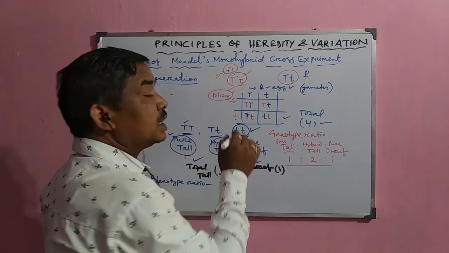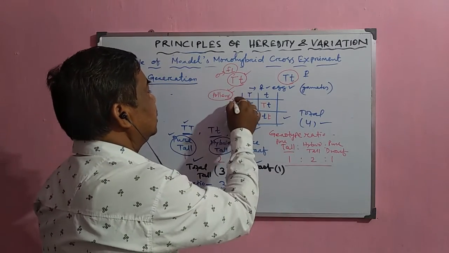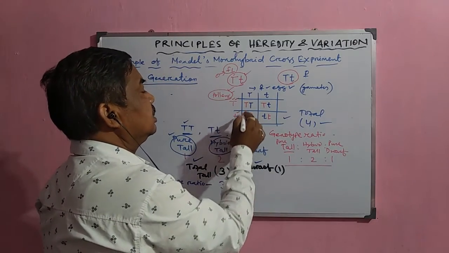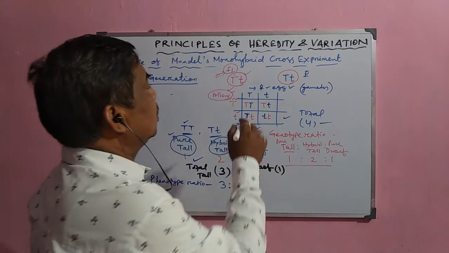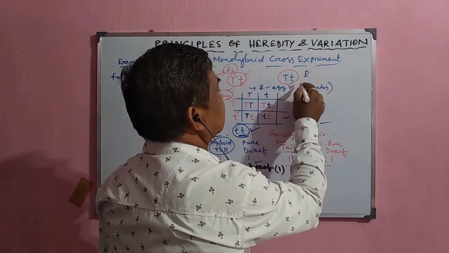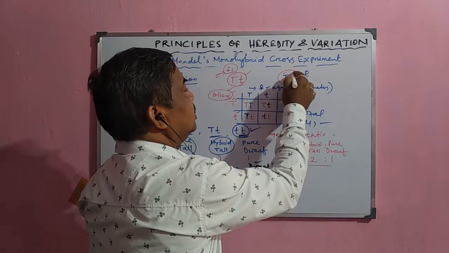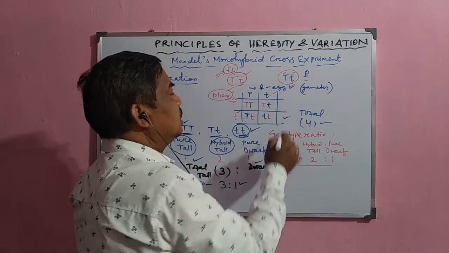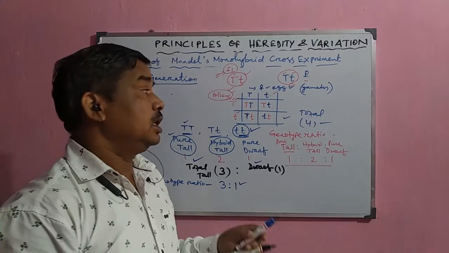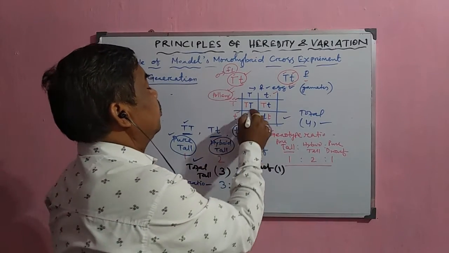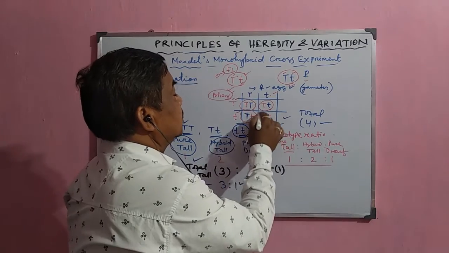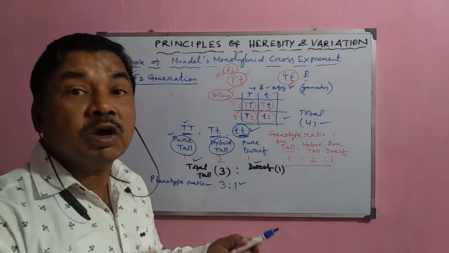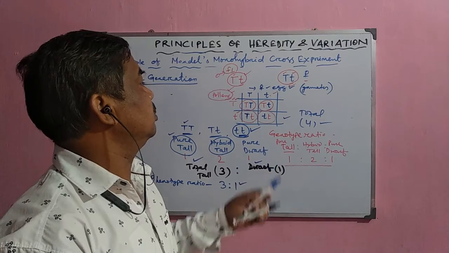When the pollen grains are formed, the capital T allele and the small t are segregated from one another. And also when the egg cells are formed, the capital T and small t are segregated from one another, and then they were reunited to form new combinations.